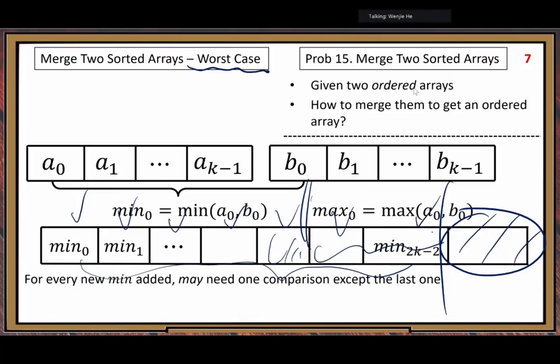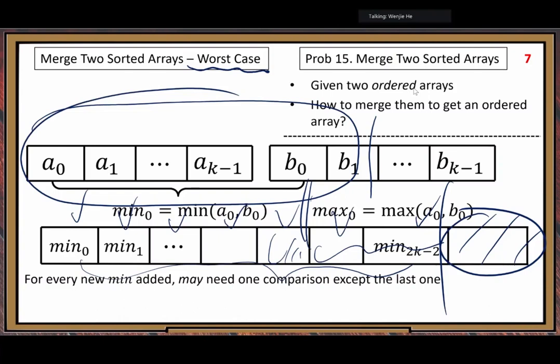You can put them in place directly. So you consumed these elements, and the remaining elements are all in one of the two subarrays. All in the B subarray or all in the A subarray, then for the remaining you don't need a comparison, because you know they are ordered, you can put them in place directly. So that's not the worst case.